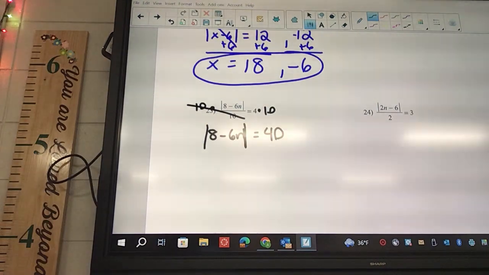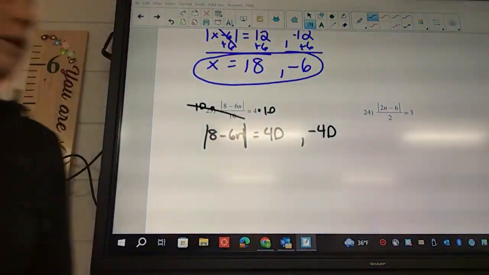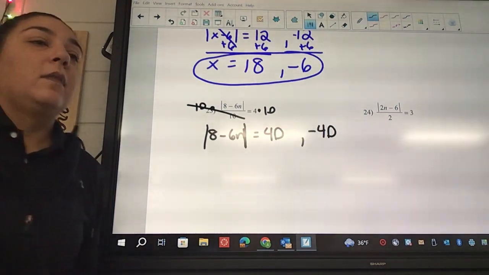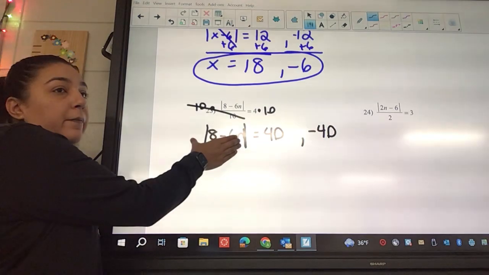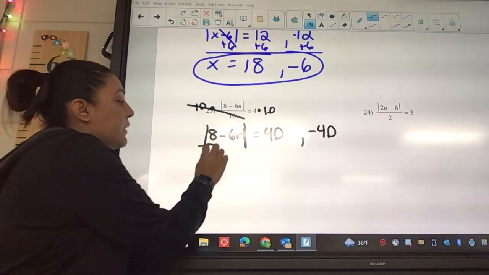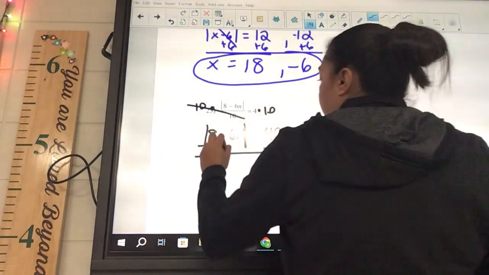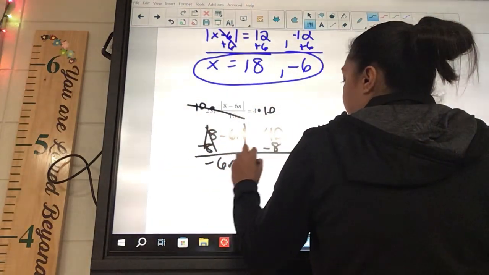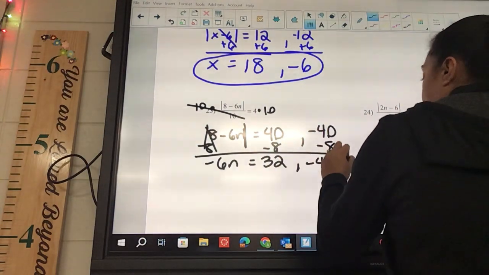Okay, no, so we're gonna say comma, negative 40. Okay, and so now if we're looking at this, who's the third wheel? Who needs to move first? The 8, so we're gonna say minus 8, minus 8, minus 8. So I'm gonna get negative 6n equals 32 and a negative 48.